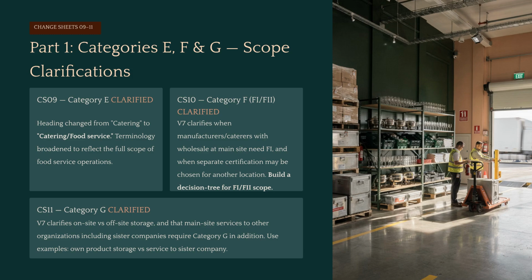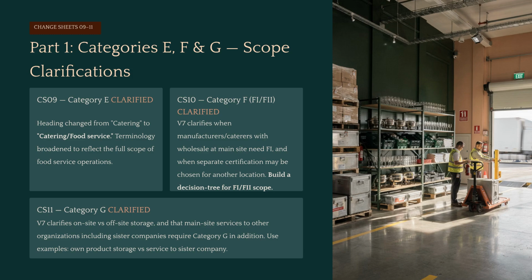These clarifications are very practical because they reduce scope disputes. They help organizations, auditors, and certification bodies apply the scheme consistently, especially in multifunction businesses where boundaries between production, storage, distribution, and service can overlap. Taken together, these changes show that FSSC 22000 version 7 is more than a routine update.